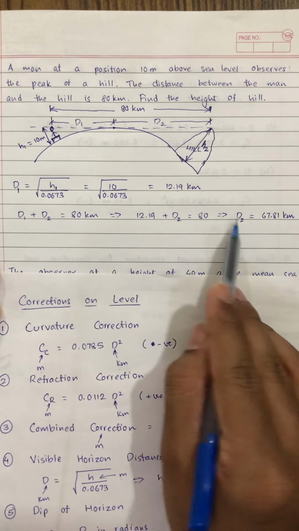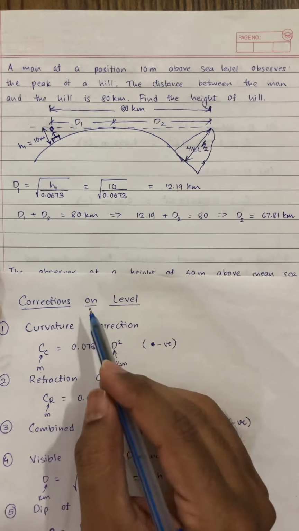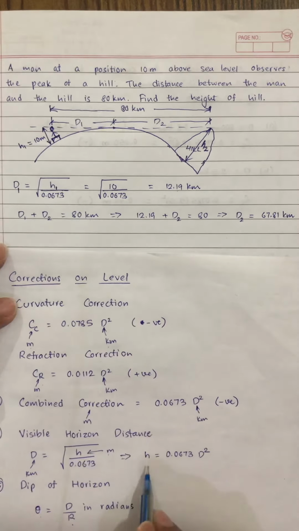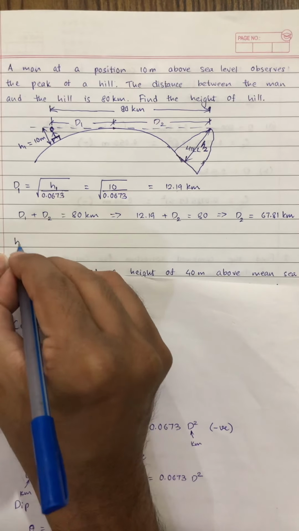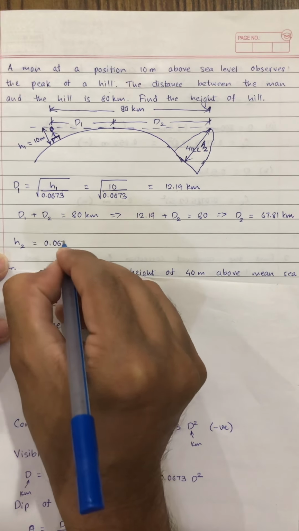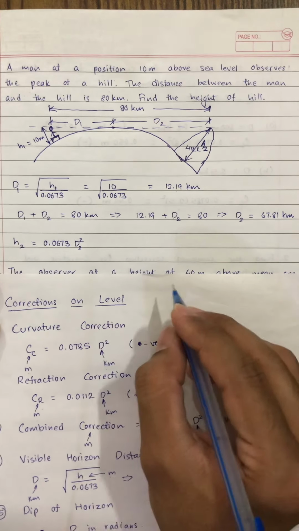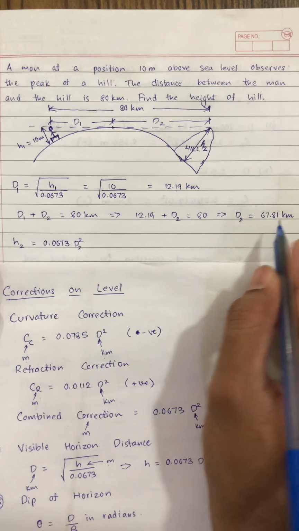Now as d1 and d2 both have been found out, we can find the value of the height of the hill. From this formula we can find out the height of the hill. So h2 is equal to 0.0673 d2 square. Here d2 is equal to 67.81.